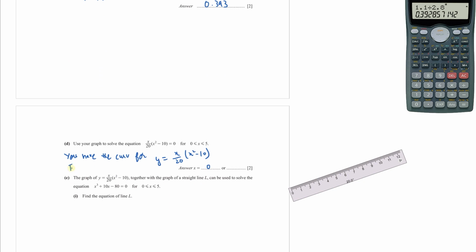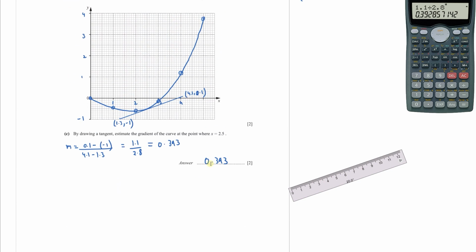So you're looking for the x-axis intercept of the curve. So the first one is 0, and the second one is this point, which is, I can say, between, looks like 3.15.